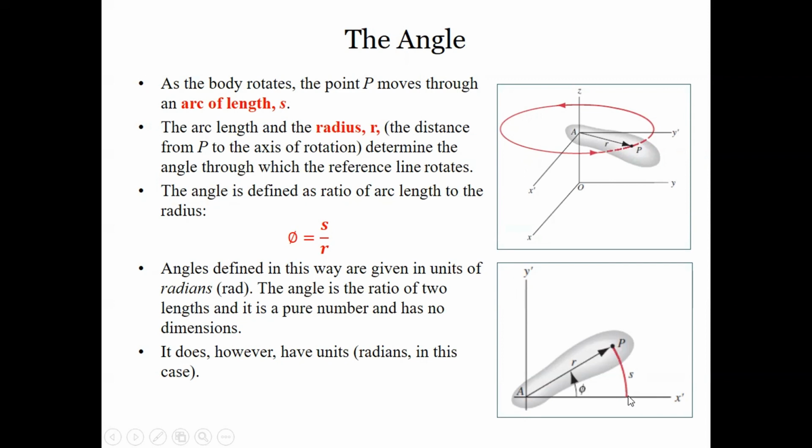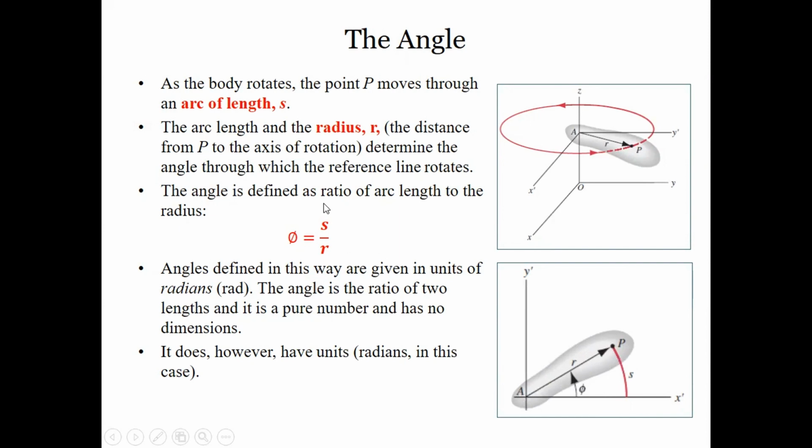The arc length and the radius is the distance from the center to the point P. So on this two-dimensional picture, x prime and y prime coordinates, this S and R are shown with respect to point P. The angle phi is made in the counterclockwise direction as we move up.